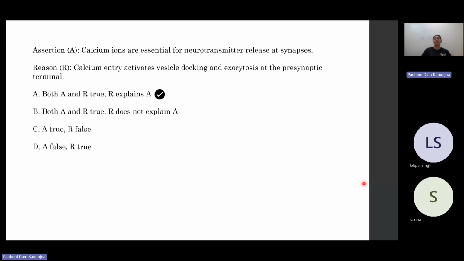So that's why calcium is responsible for neurotransmitter release. Because when calcium enters your neurons, the vesicles dock and bind to the membrane, and there is exocytosis. So the neurotransmitter is released because of calcium via vesicle docking. So that's why this is the correct statement.